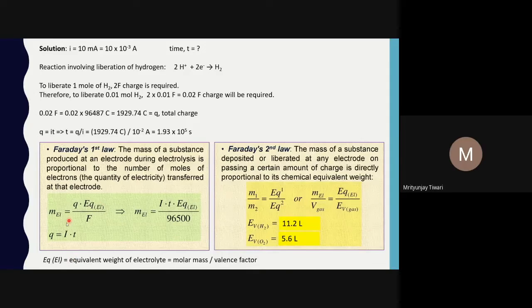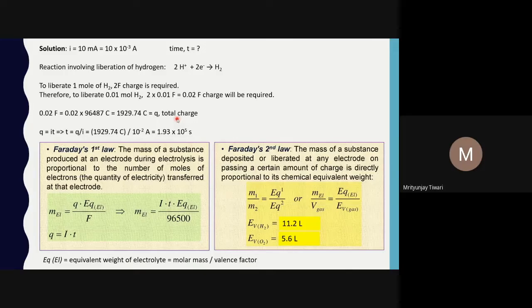So this EQ that we have used here is what? EQ of the electrolyte is the equivalent weight of the electrolyte, which is nothing but molar mass divided by valency factor, and the valency factor is directly equal to the number of electrons taking part in 1 mole of that particular reaction.